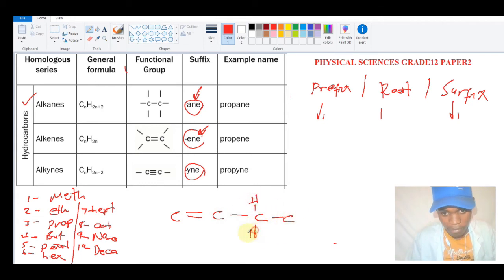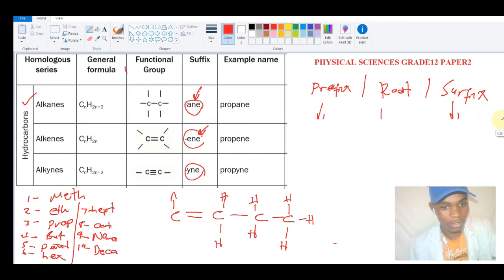You must remember a carbon can only accommodate 4 bonds. When it's more than 4, then there's something wrong with your structure. So this time we must have 2 hydrogens because a carbon can only accommodate 4 bonds, right?